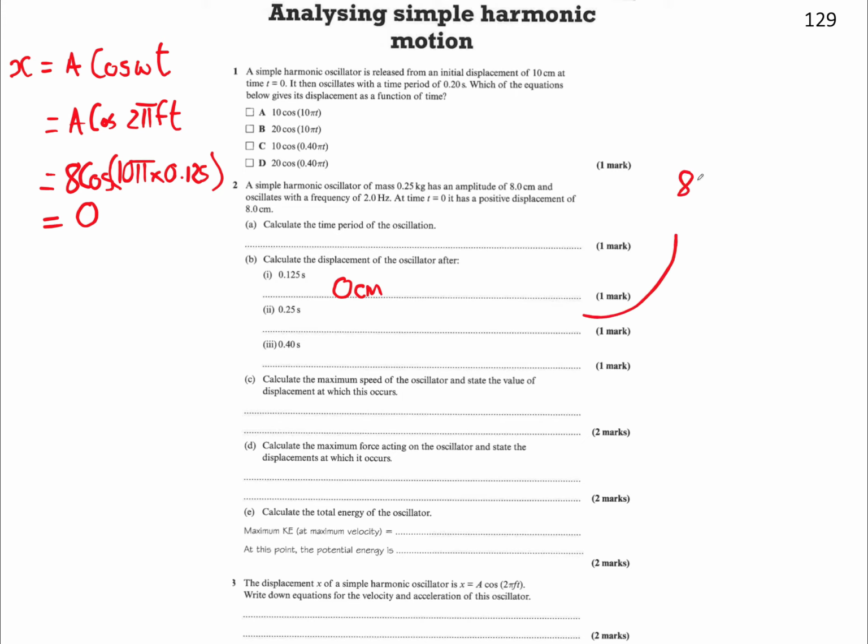It's going to be 8 cos 10 pi multiplied by 0.25, and again, if you plug those in and have it in radians, your answer will come out as minus 8 centimeters. And if you do it for this one, exactly the same sort of values, you come up with the answer of 2.5 centimeters there.